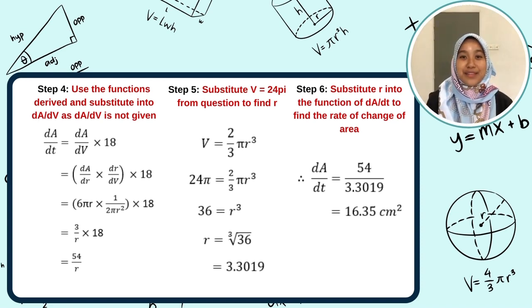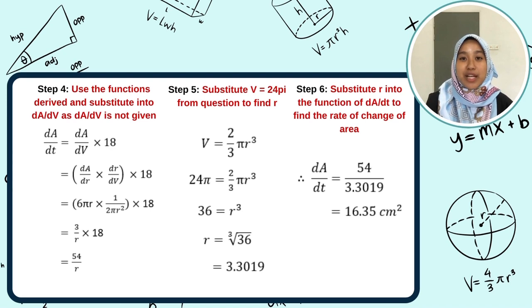Next is step 5. As we all know, in the problem statement, it is stated that the volume is 24π. So in this step, we just have to substitute the 24π and equate it into the volume of hemisphere equation, which is V = 2/3 πr³. So we substitute V with 24π and equate it with 2/3 πr³.